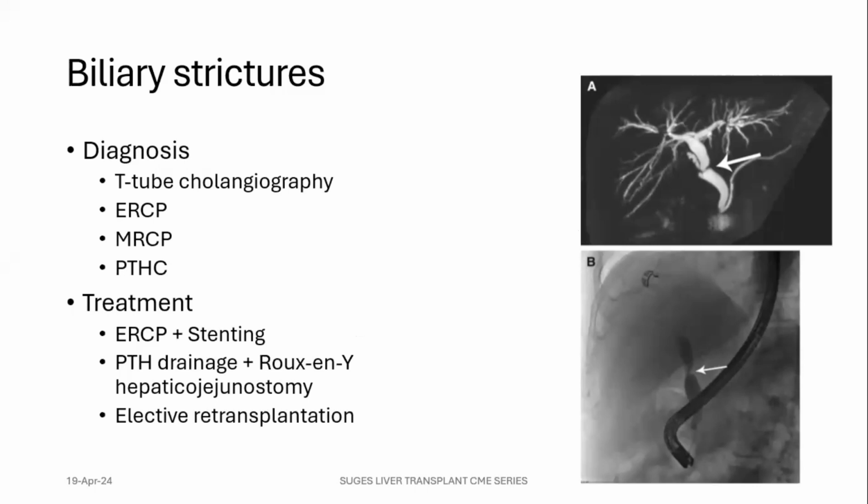Sometimes T-tubes are placed after transplant, and you can use that T-tube to assess the biliary tree through a T-tube cholangiogram. But otherwise, in the absence of T-tubes, the patients can be diagnosed using ERCP or MRCP or PTHC.